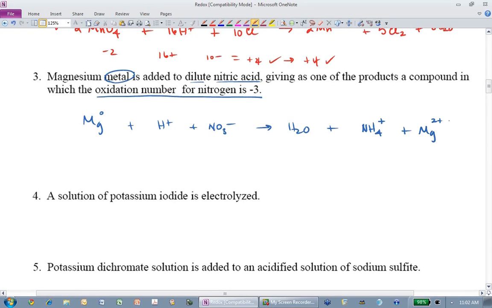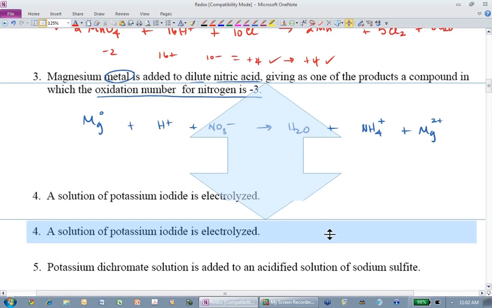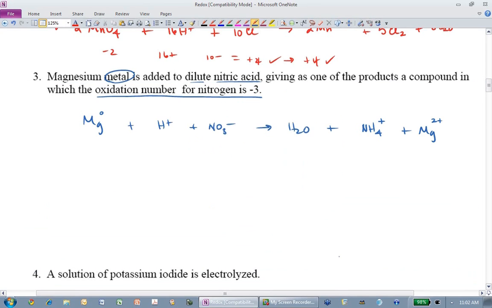All right. Can I inspect this one? If I put 4 magnesiums on each side. Or not 4 magnesiums. Yeah, I'd have to. I'm going to have to go to half reactions on this one. So I'm going to need more room. What am I going to have? I'm going to have a reduction. I'm going to have an oxidation. Who's reduced?